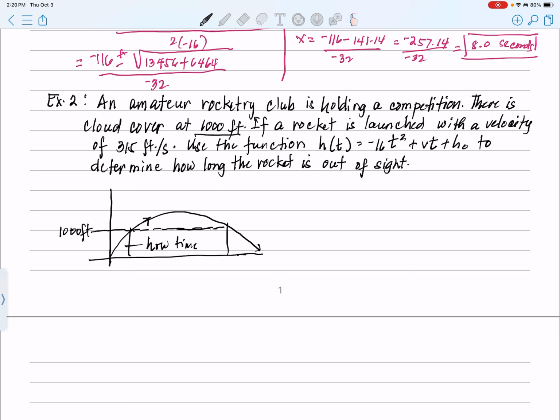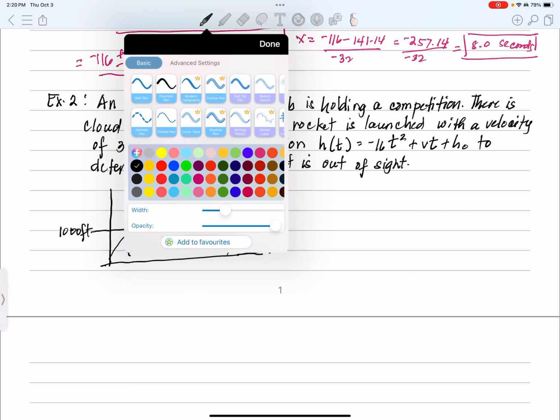How much time? Okay. So that is when we try to imagine how the rocket goes.